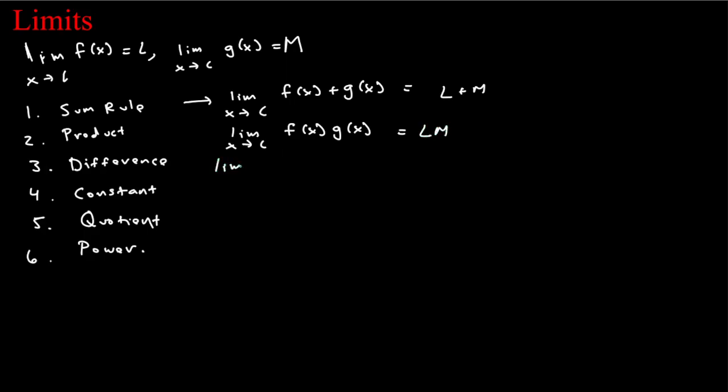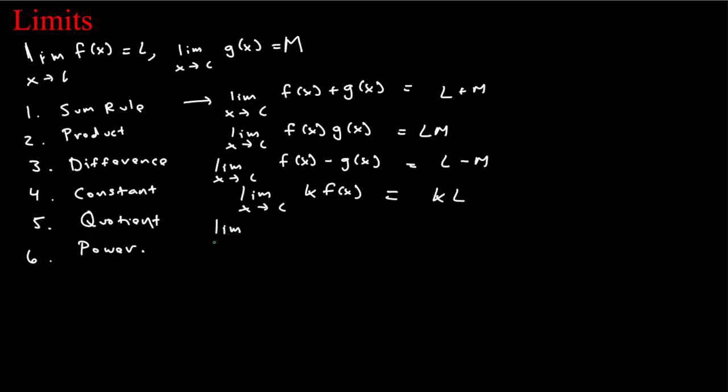We can guess how the difference rule will look. Pretty simple. Constant just means the limit as x tends to c of some constant k times f of x. Also this f of x is chosen without loss of generality. It could be g of x, but just kL.